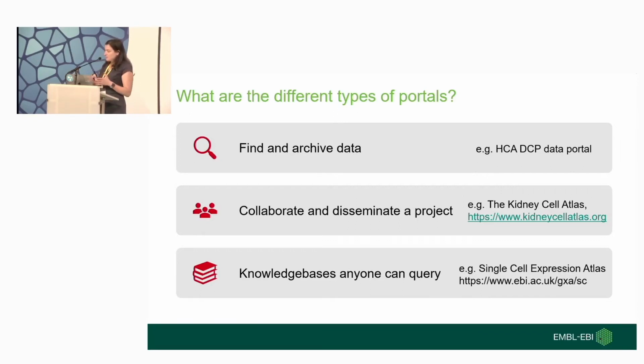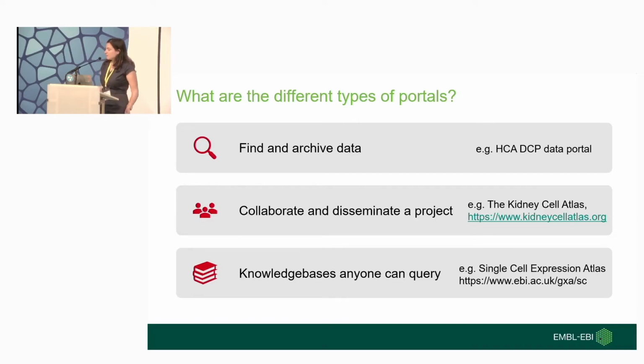The way we think about it, at least, is that the first type is how to find and archive data, such as the HCA DCP data portal. Then you have the type of portals that are built around a project or a consortium to enhance the collaboration and disseminate the output of that project.